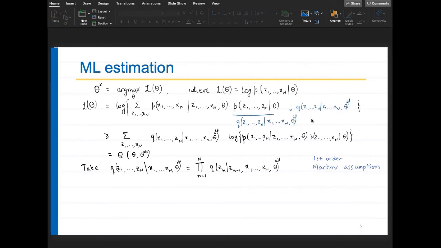That is how we define it for the EM algorithm. Then we use Jensen's inequality and bring out this q, and the log remains. The denominator is gone because it does not play any role in the maximization over theta. Now what you get is your auxiliary function, and you want to use the EM algorithm with it.